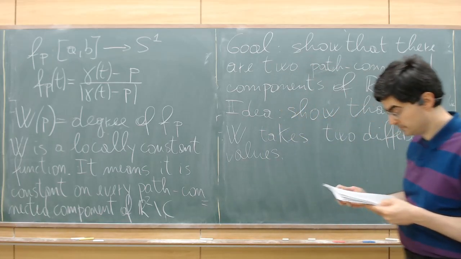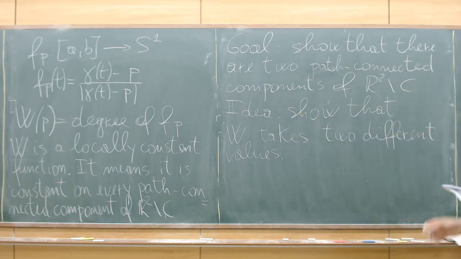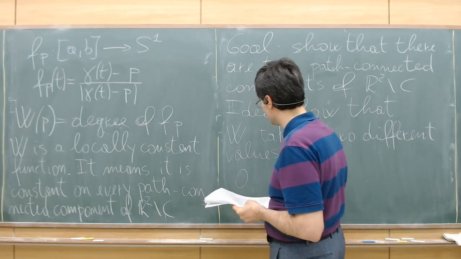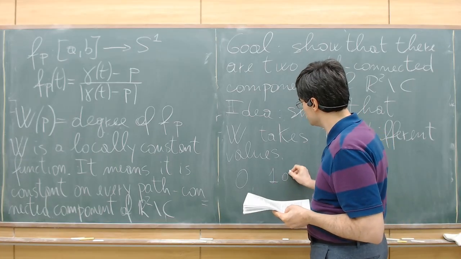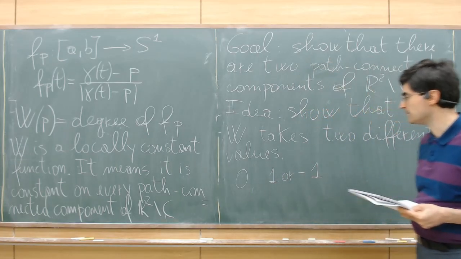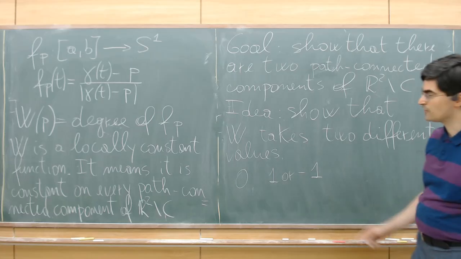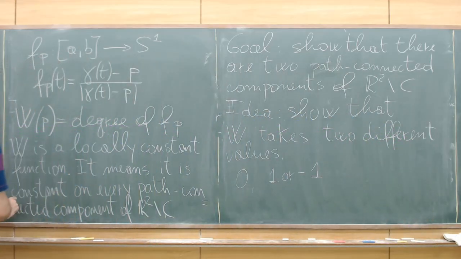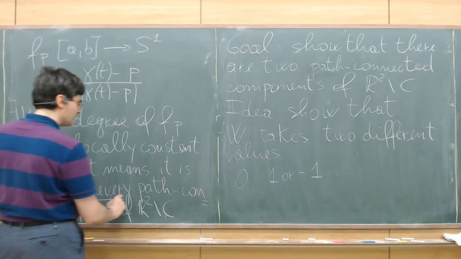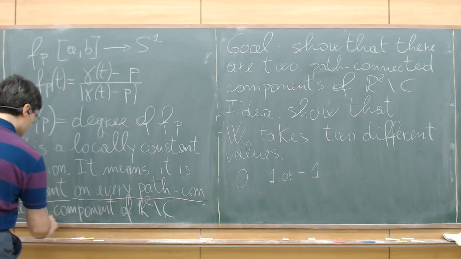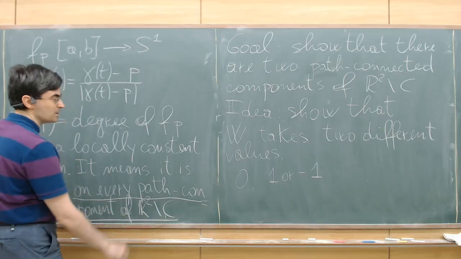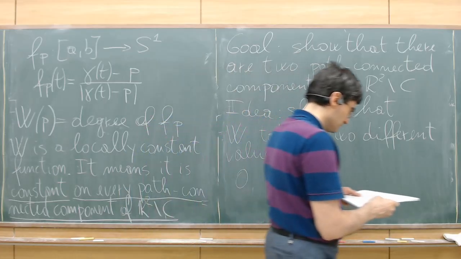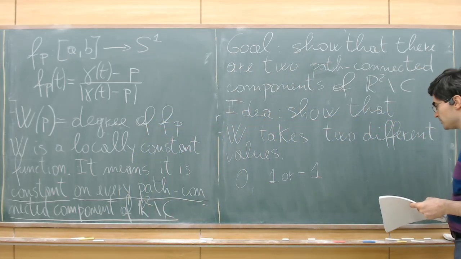Precisely, we will prove that this function can take value 0 and 1 or minus 1. Since this function takes two different values and it is constant on every path connected component of R2 minus C, then there are two path connected components.